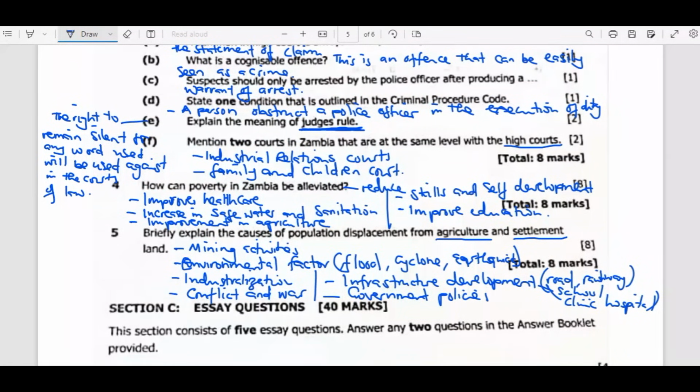In an event that the government decides to construct a mine where they've seen that there are minerals, the people who do agricultural activities there, or who stay there, will be displaced because the government would want to develop that area. In other areas, government policies make people move and find other places. So that is section B.